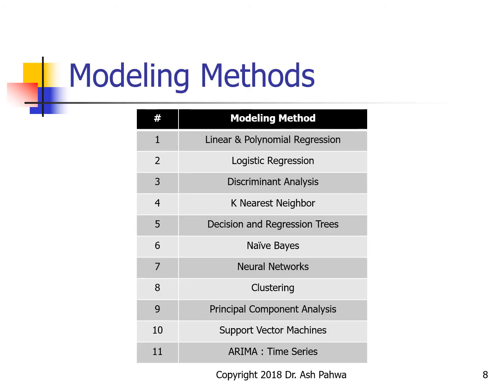So let me enumerate them: linear and polynomial regression, logistic regression, discriminant analysis, k-nearest neighbor, decision and regression trees, naive Bayes, neural network, clustering, principal component analysis, support vector machines, and ARIMA. This is used for time series, and ARIMA stands for autoregressive integrated moving average.